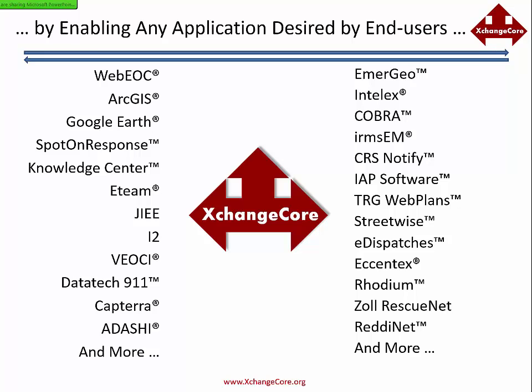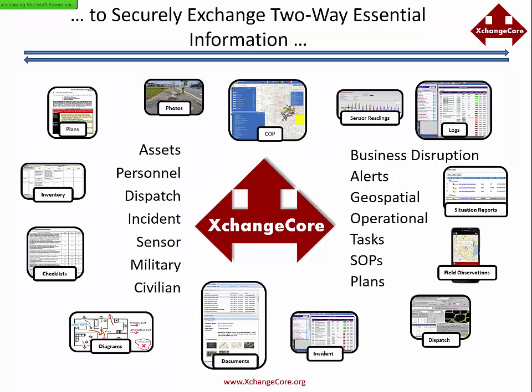Not saying go out and buy this, not saying here's the thing that you should use, and if you use this then you can share information. This says anybody can connect to XchangeCore with any application, all of which are secure.